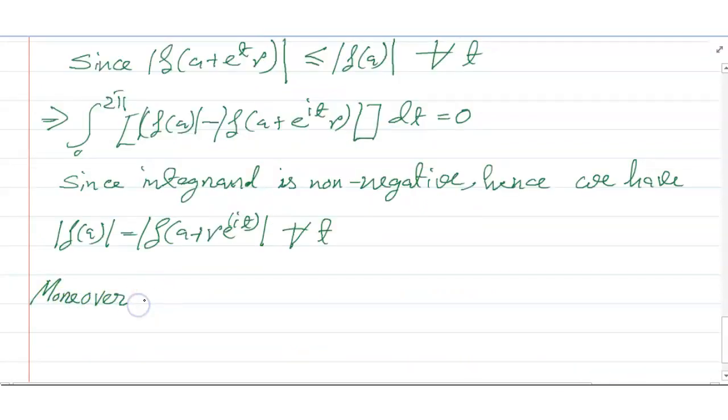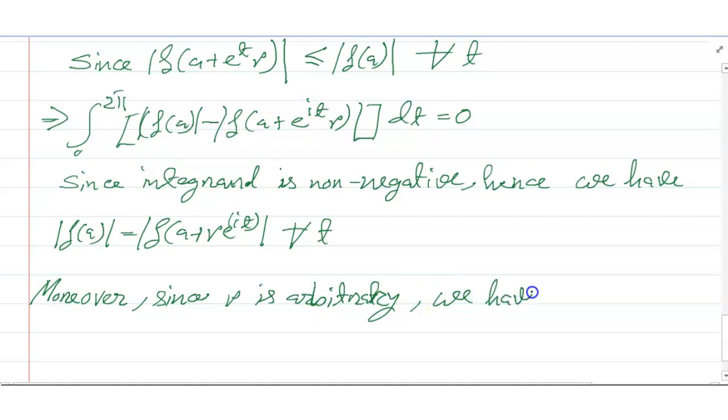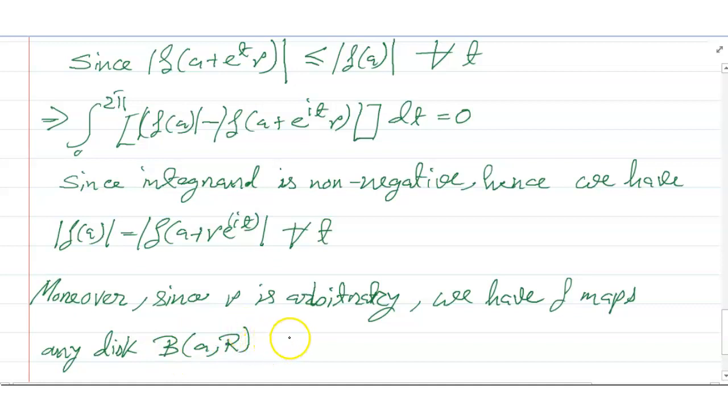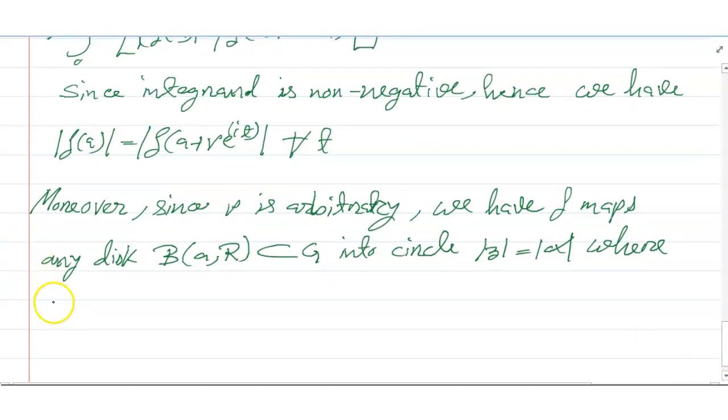Moreover, since r is arbitrary, we have f maps any B(a, R) subset of G into the circle mod of z equals mod of α, where f(a) is equal to α.